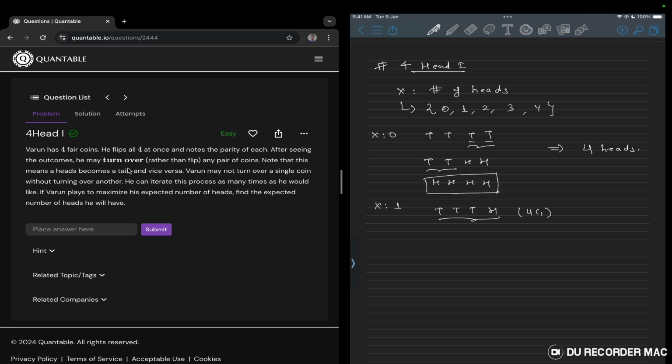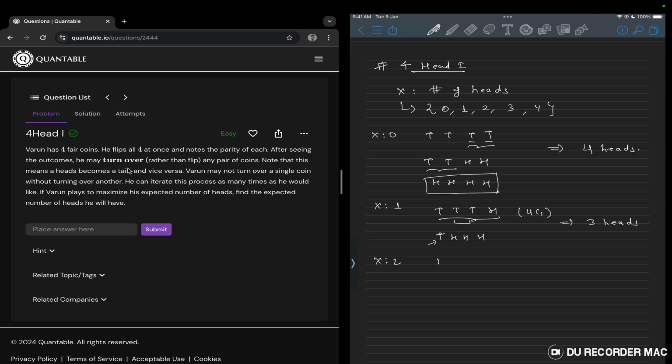For this, I'll choose a pair, and then this will become tail, head, head. After this, no matter which pair I choose, if I try to make this tail a head, another head will become tail. So this is the maximum number of heads I can get in case of X equal to 1.